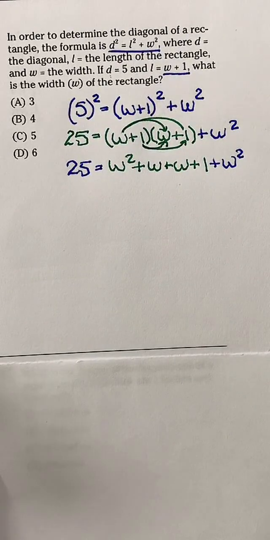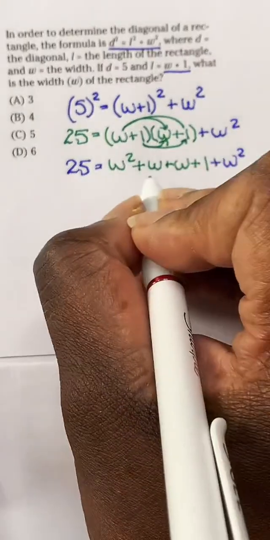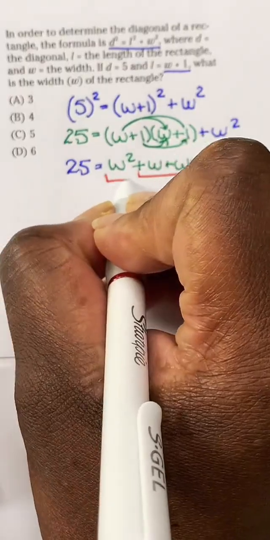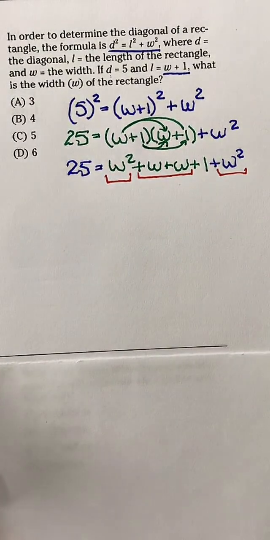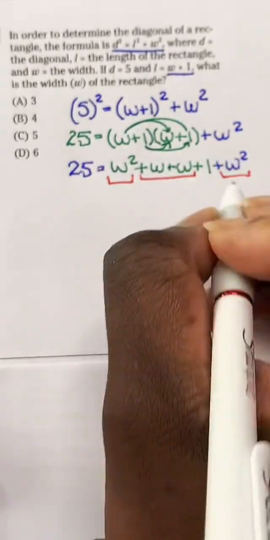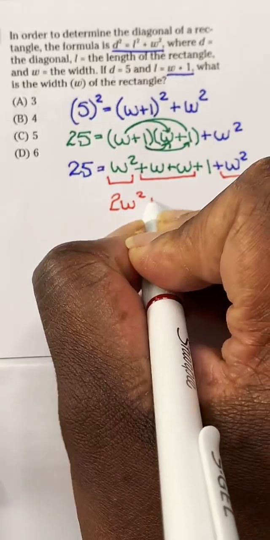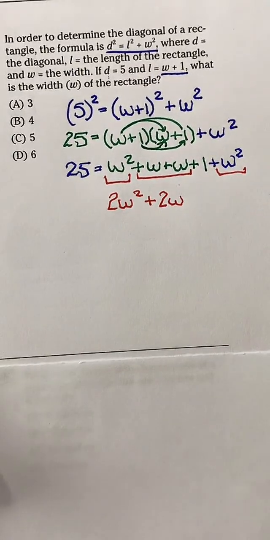All right. So now I need to combine like terms. So I have my like terms with the 2 W's as well as the 2 W squareds. So when I do that, I'm going to have 2W squared plus 2W plus 1.